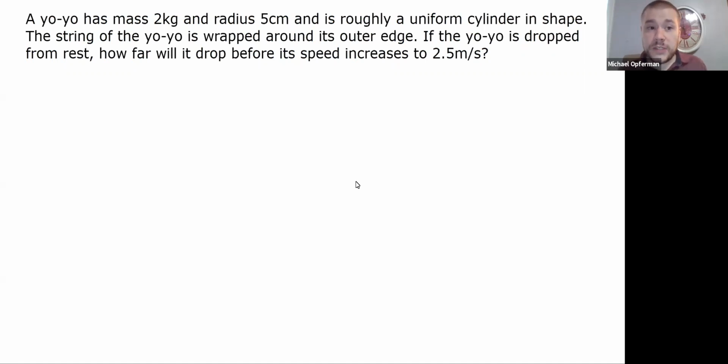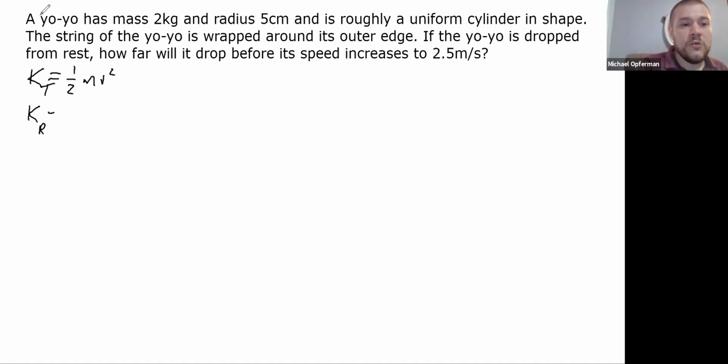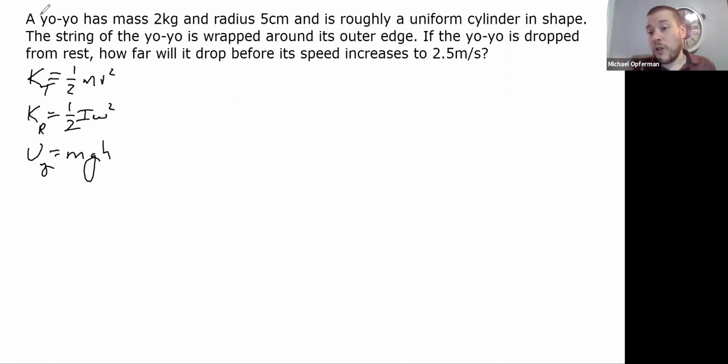And as I was just saying, I'm going to need to keep track of both translational kinetic energy, which is half mv squared, and you can call this kt if you want, and k rotational, which is half I omega squared from the spinning part of its motion. And also you're going to have gravitational potential energy, mgh, because the yo-yo is falling vertically, so its gravitational energy is also changing.